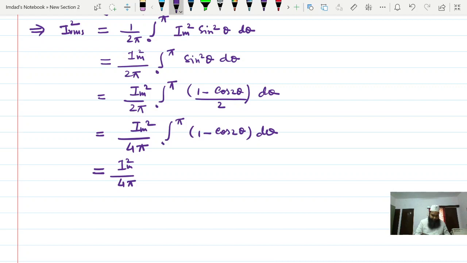The integral of 1 will be theta, and we put its limit 0 to pi, minus the integral of cos 2 theta, which is sin 2 theta upon 2, also with its limit 0 to pi. We can solve this.